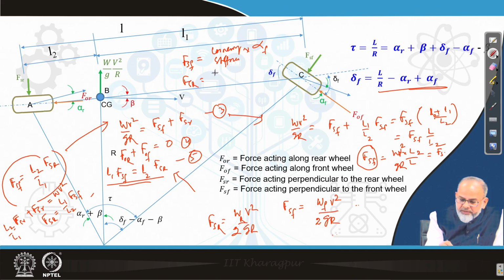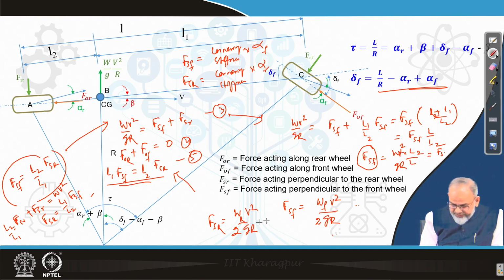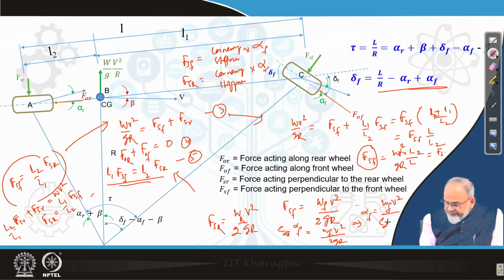Similarly, F_sr is the cornering stiffness of the rear wheel into alpha_r. So, I can substitute here for F_sf: the cornering stiffness of the front wheel, C_alpha_f, into alpha_f will be equal to W_f v square by 2 g r, or from here alpha_f will be equal to W_f v square by C_alpha_f into g r.